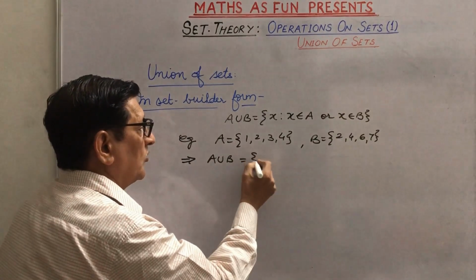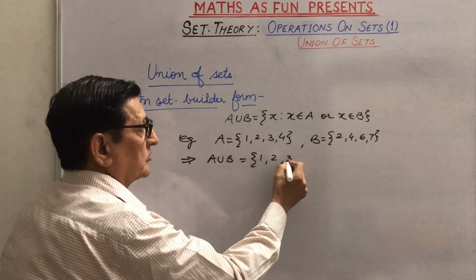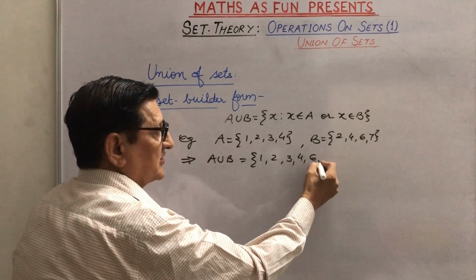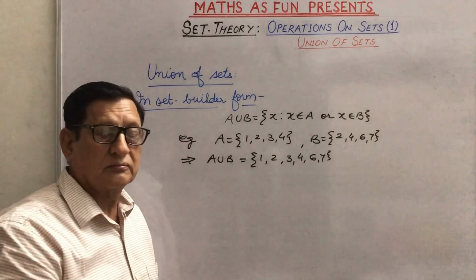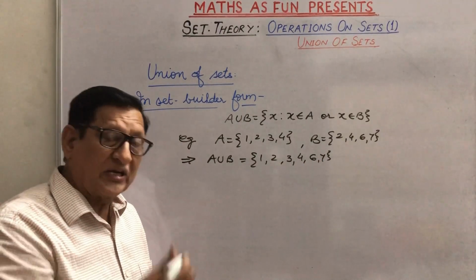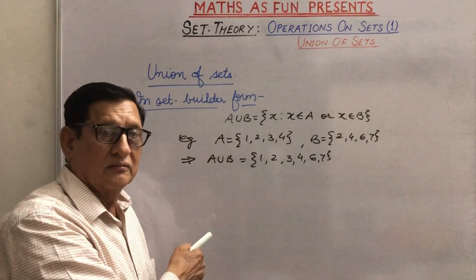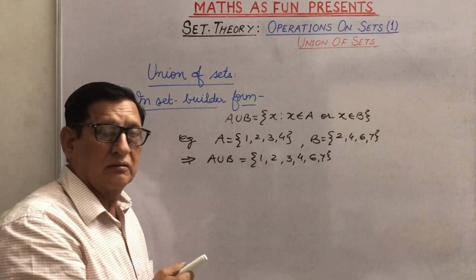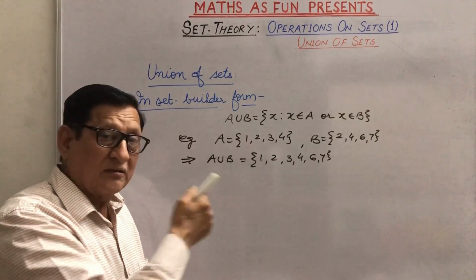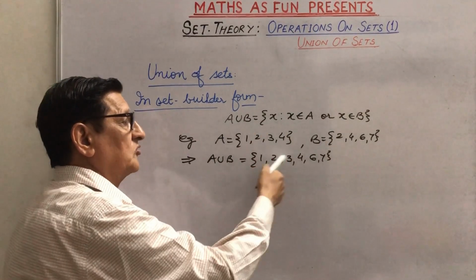That is 1, 2, 3, 4, 6 and 7. We can also understand it like this, that we take all the elements of the sets A and B, but common elements are not to be repeated.